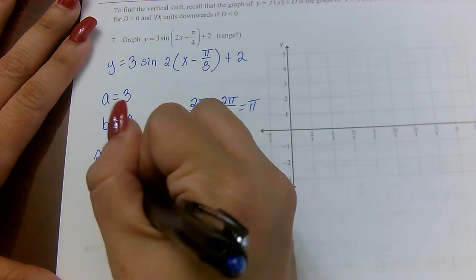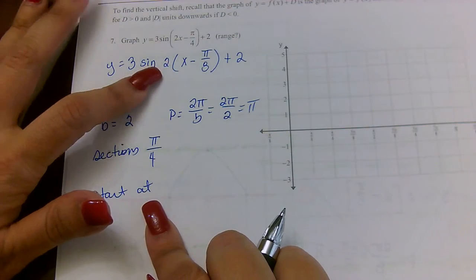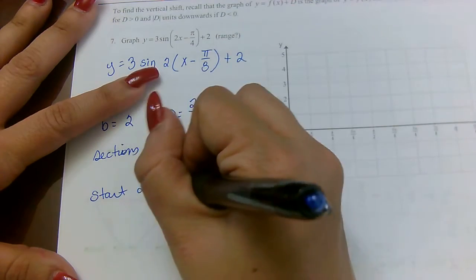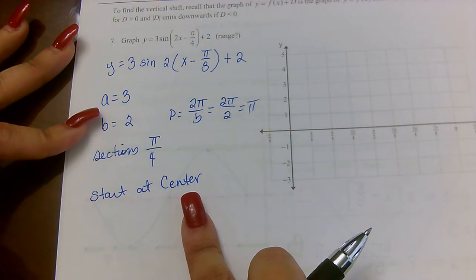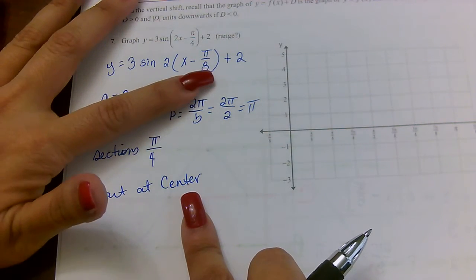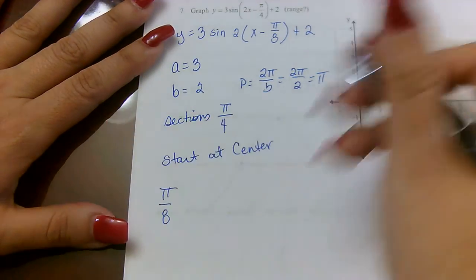Where are we going to start? This is a sine value, which means it starts in the center. We're actually going to have the exact same points that we did last time, because we start at pi over 8. So I'm going to put pi over 8.